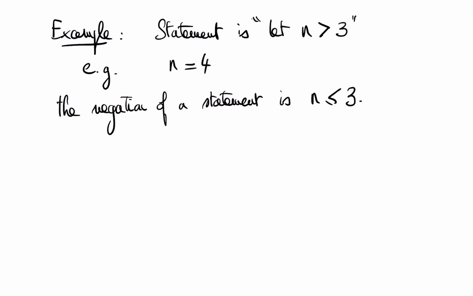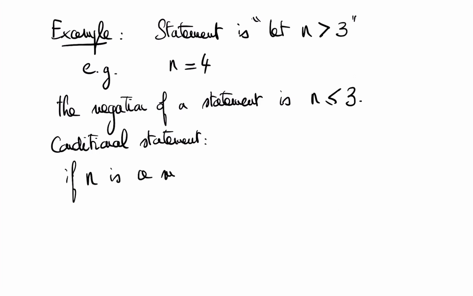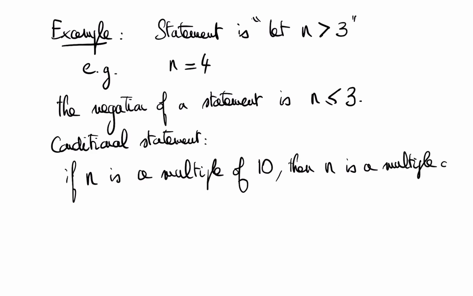Now, conditional statements. Let's say, for example, if n is a multiple of 10, then n is a multiple of 2. Often that can be written using this arrow here, with 2 bars.